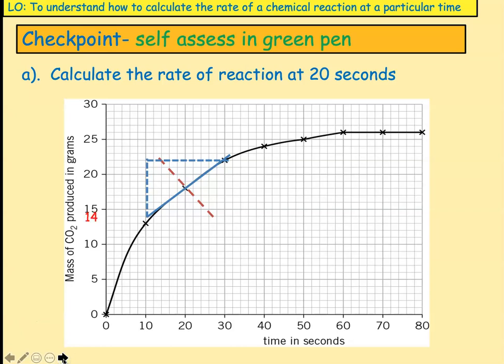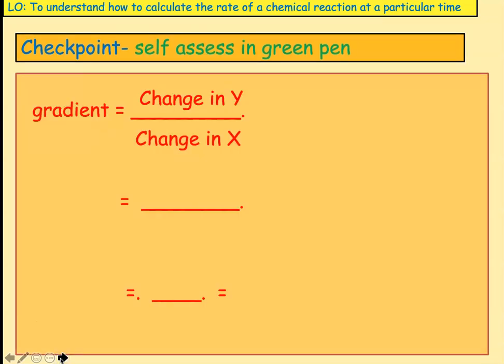Okay, so the bottom of the triangle is at 14 and the top is at 22. The first point of our triangle is 10 and the second point is 30. So again, we can do our calculation. So the change in y will be 22 minus 14 and our change in x will be 30 minus 10.